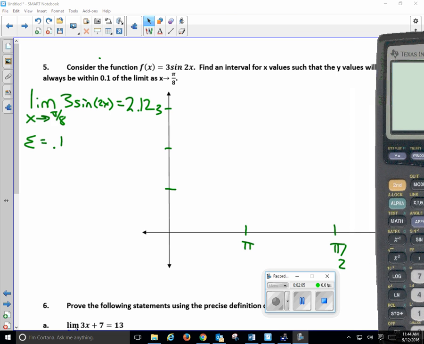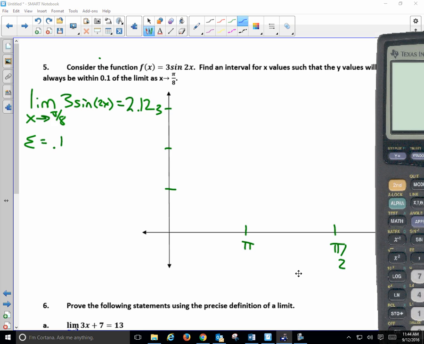What's the amplitude of 3 sine of 2x? 3. And we said the period was going to be pi, and so I don't want to show the second half of the graph because it'll be too much, so I'm going to show pi over 4 and pi over 2. Does it start at max, min, or middle? Starts in the middle.